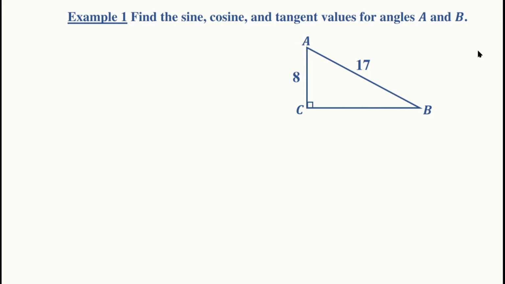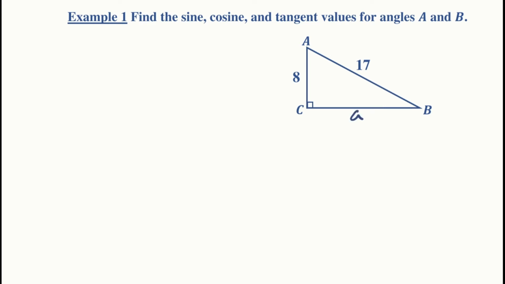So let's go ahead and set up the Pythagorean equation for that particular triangle. Now it's very common practice that if an angle is labeled capital A, we label the side opposite using lowercase a. So we'll stick with that convention.